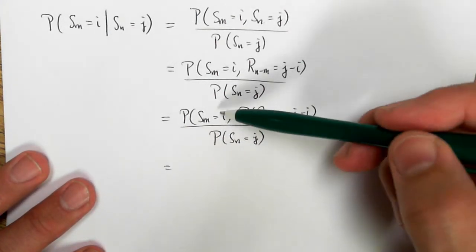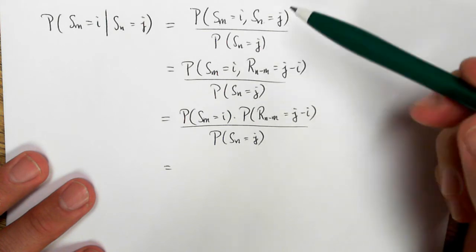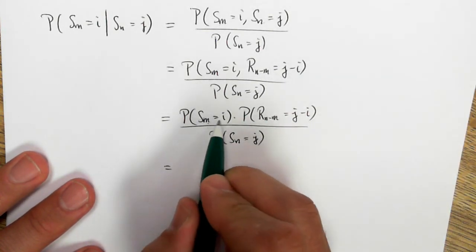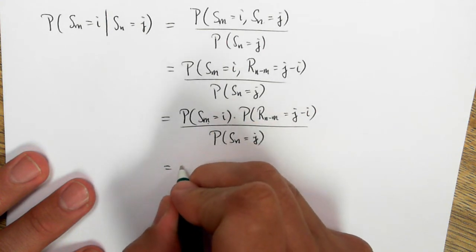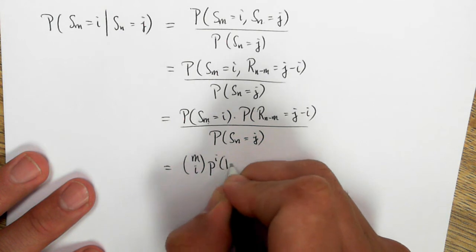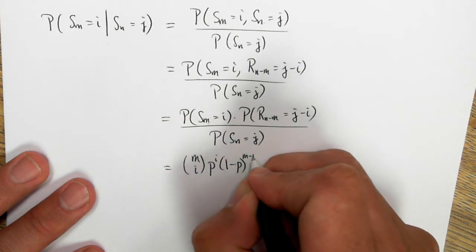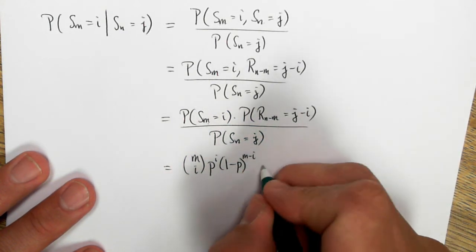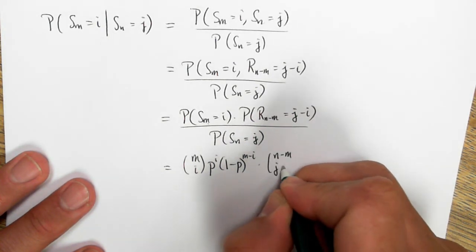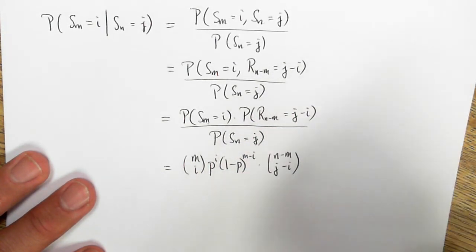Now, everything here is binomial. The only thing that changes is the number of trials. If I want m trials and i successes, the chance of that is m choose i times p to the i times 1 minus p to the m minus i. For the next one, I have n minus m trials, and I want j minus i successes.